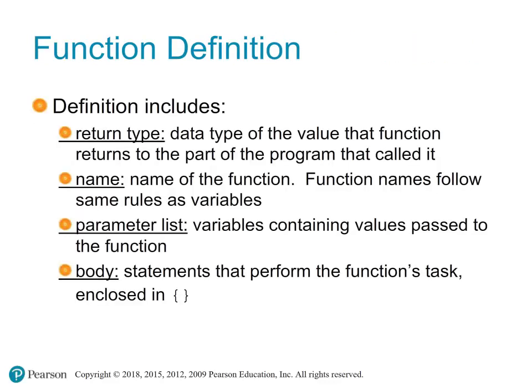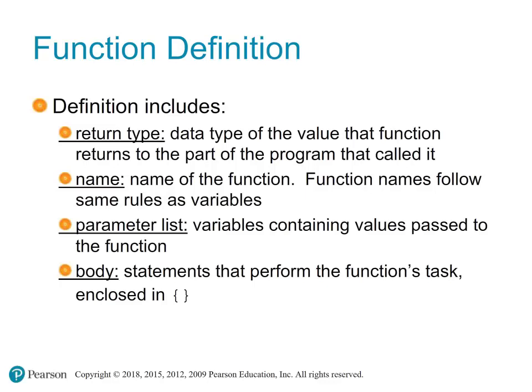When defining a function, there are several key components to consider. Return type. This specifies the data type of the value that the function will return to the part of the program that called it. Name. This is the identifier for the function. Function names follow the same rules as variable names, which generally means they should be descriptive and not start with a number.